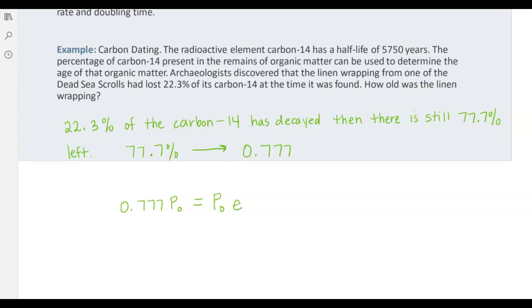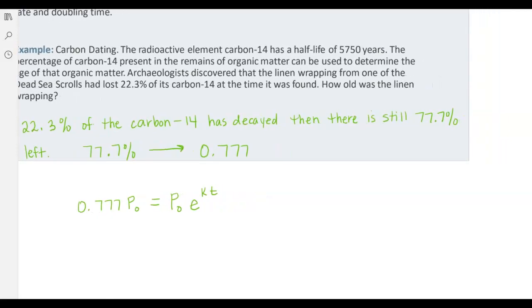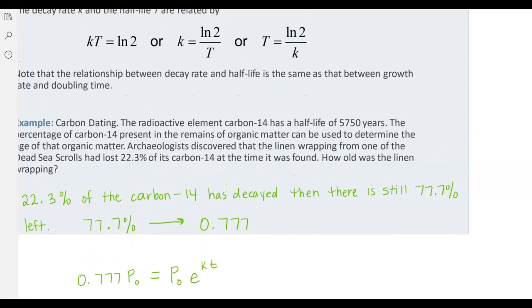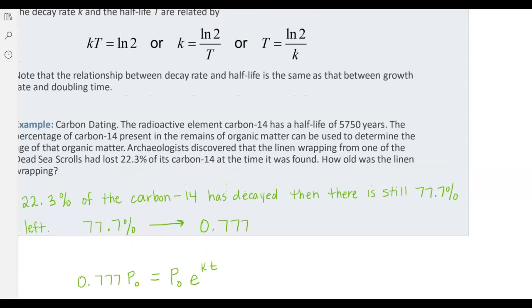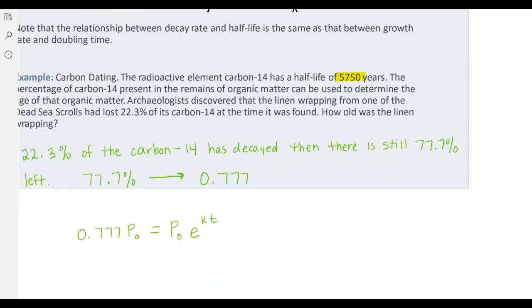I'm trying to figure out what K is so that I can figure out how much time has passed. Let's do a little work here on the side. Using the relationships I have up here, I know that the half-life is 5,750 years.